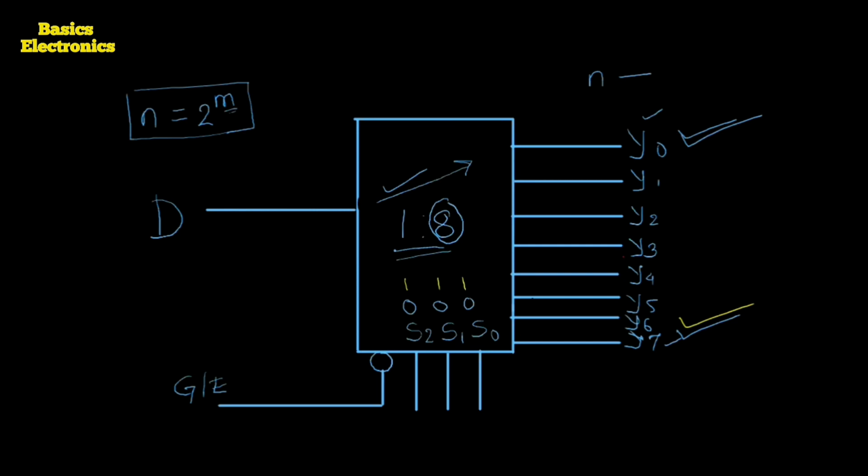Now after this, what do we have to do? We have to write down the construction. When we write down the construction, we require to use 8 AND gates. How many AND gates are there? We require to use 8 AND gates. So we write down first that the data input is applied to each of the 8 AND gates.